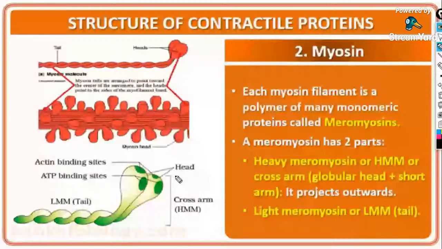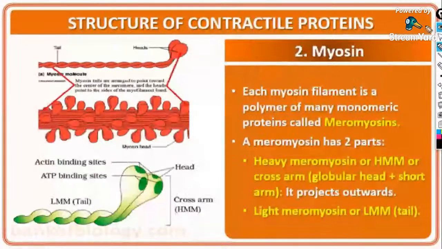So this is a frequently asked question. Guys, this is the head region. This is the cross arm, which you will call the heavy meromyosin. And this is the tail region.